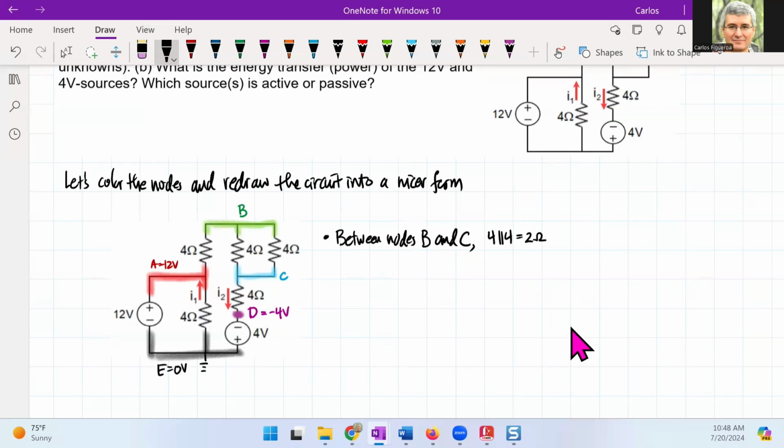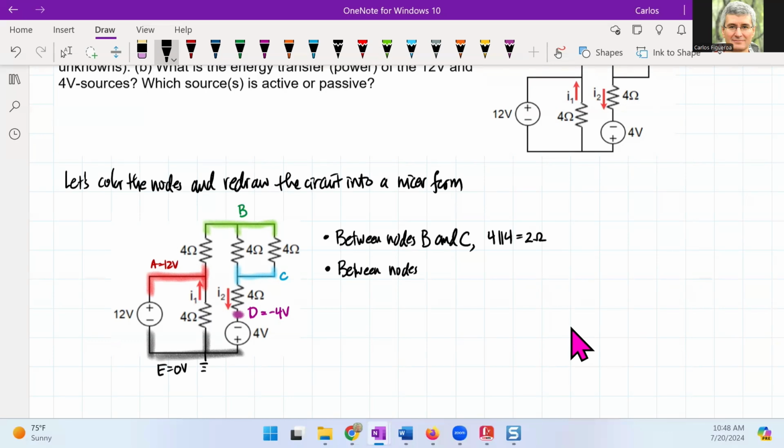In other words, if I was to try to put this into words, I'm looking at a series of nodes. I'm going from the red to the green and then to the blue. So I have 4 parallel in series with 2.